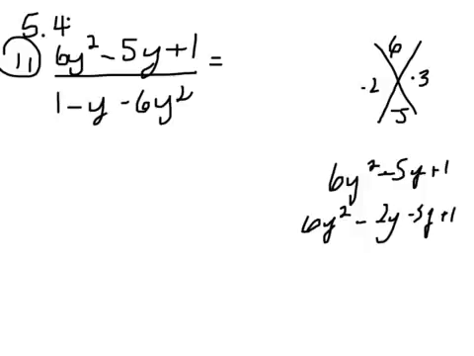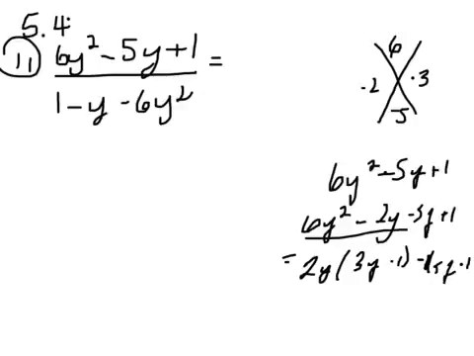And then if I wanted to factor it, I can take a 2y out of these two terms, and that would leave me with 3y minus 1. And then I have minus 3y plus 1. Let me factor out a minus 1, and that would leave me with 3y minus 1.